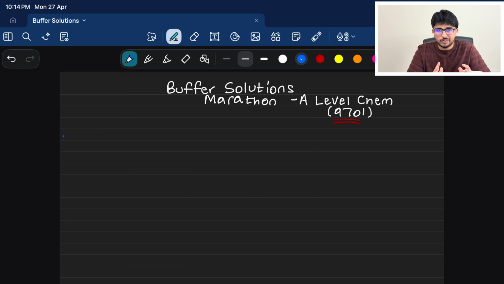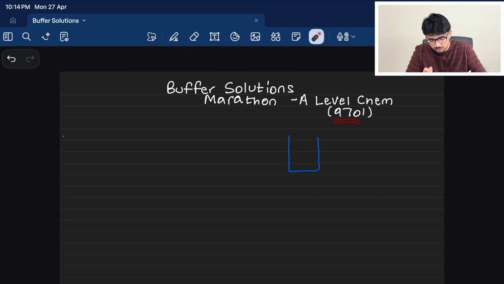When we talk about a buffer solution, you first need to understand what we actually mean by a buffer solution. A buffer solution is a solution which resists the changes in pH when small amounts of acid or alkali are added to it. So a buffer solution is not anything special. It's just a simple solution right here.